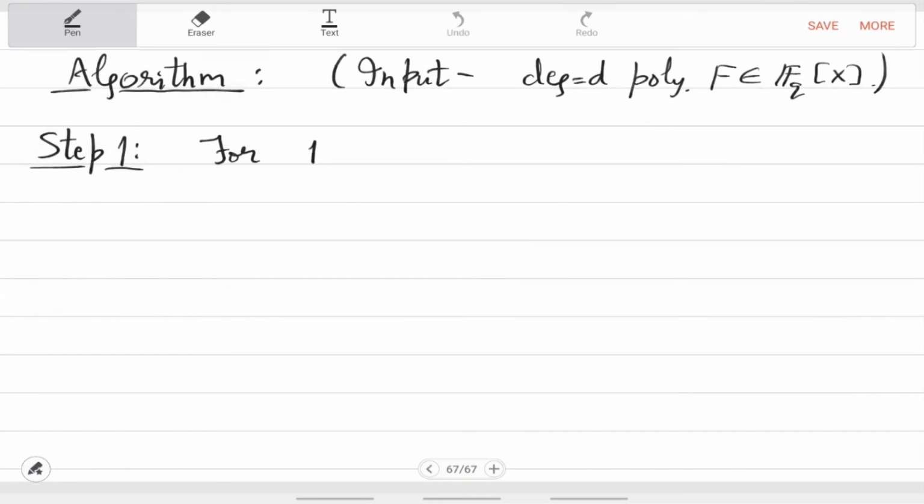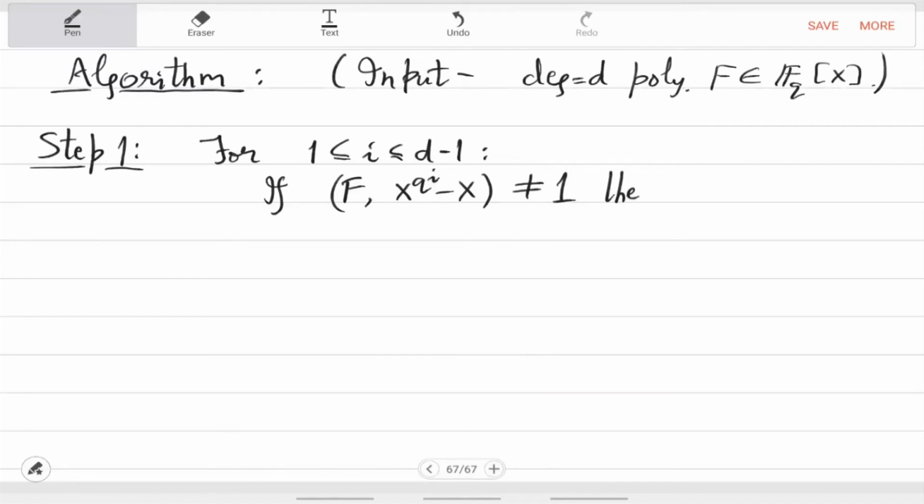So this is just a for loop. In case the GCD is not 1, you have a certificate of reducibility.